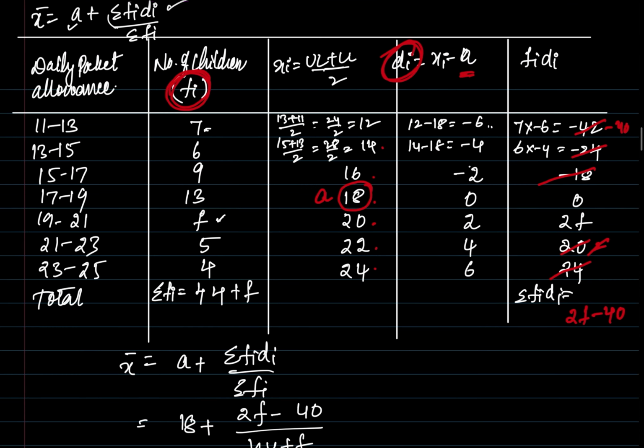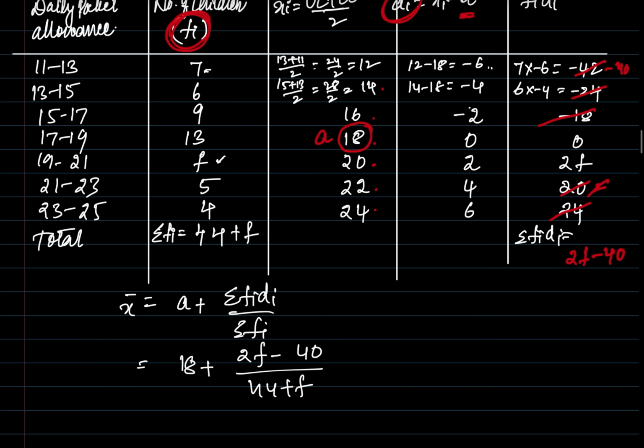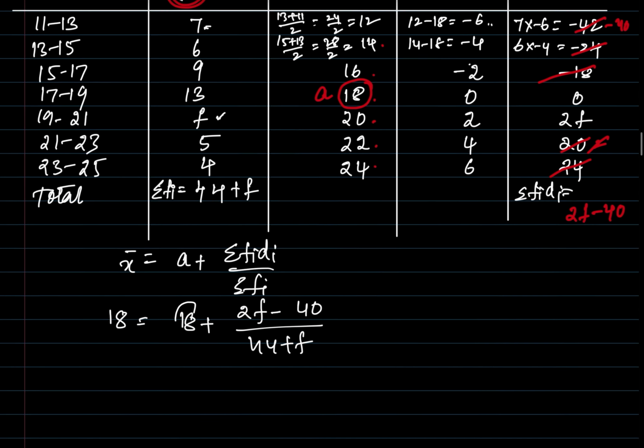Here the mean in this question is given as 18. So if you bring this plus 18 to the left hand side, it will become minus 18. 18 minus 18 is equal to 2f minus 40 by 44 plus f.